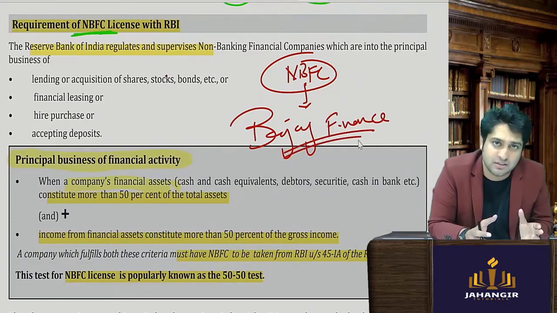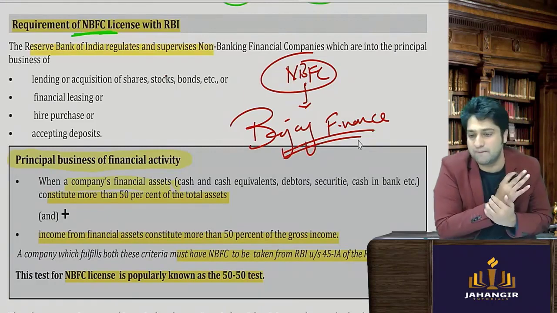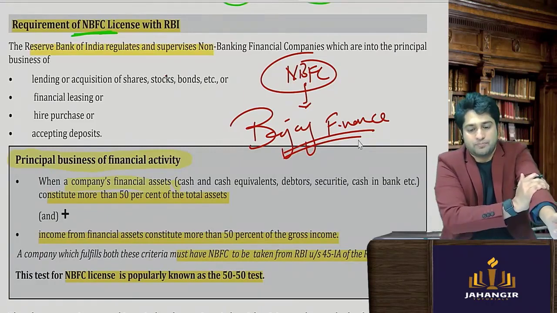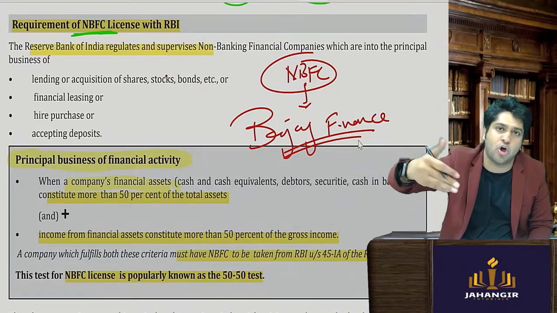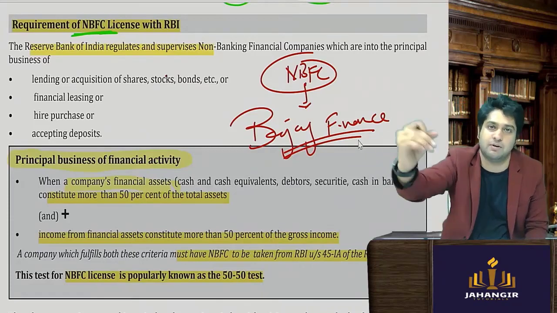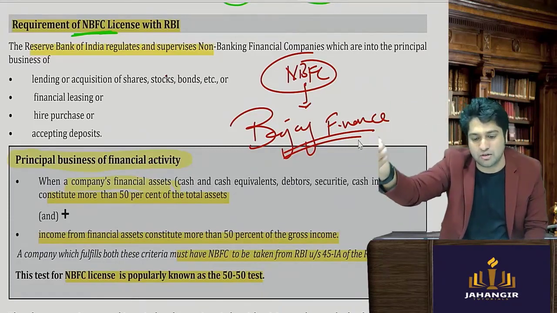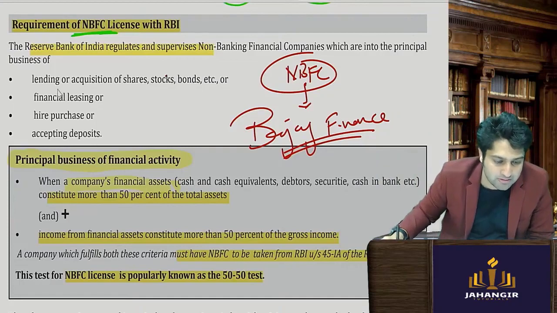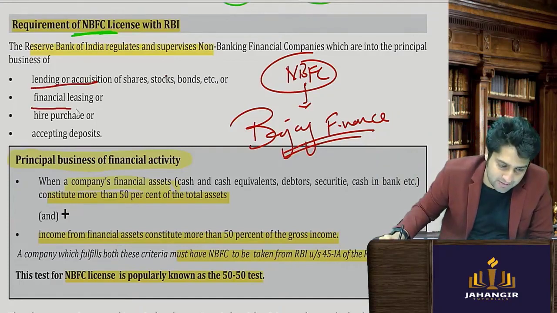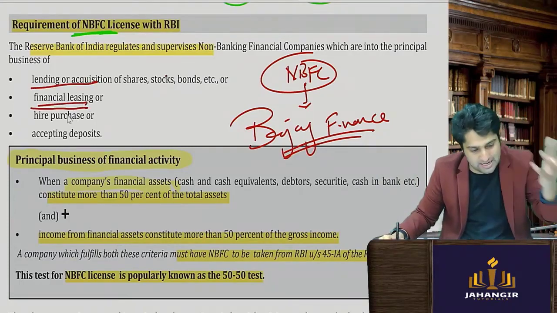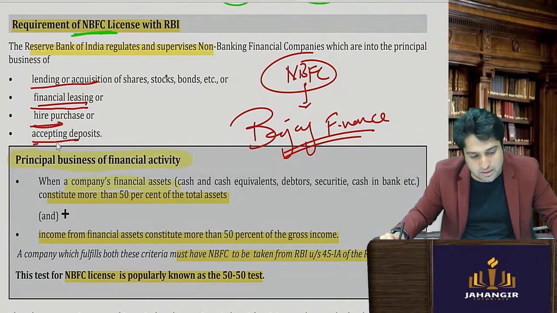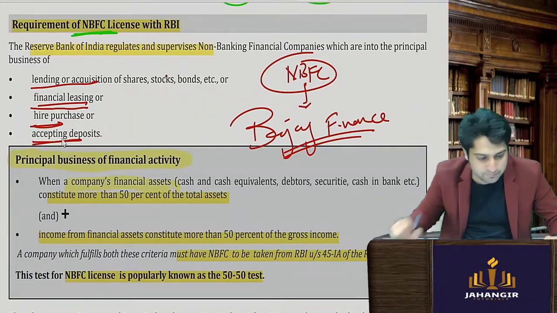So Bajaj Finance is an NBFC. It is not a bank, but it will finance you. What is an NBFC? Non-banking: it is not a bank, but it will finance. Example is Bajaj Finance. They can lend money, give money for buying assets, do hire purchase, and they can accept deposits as well.